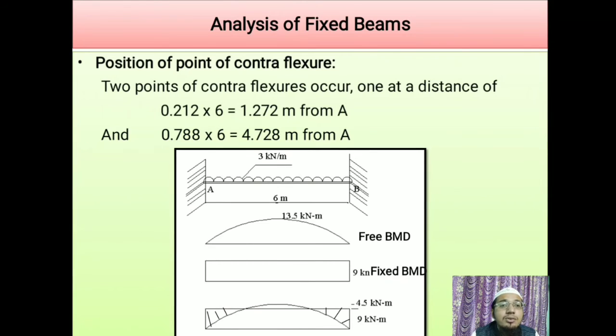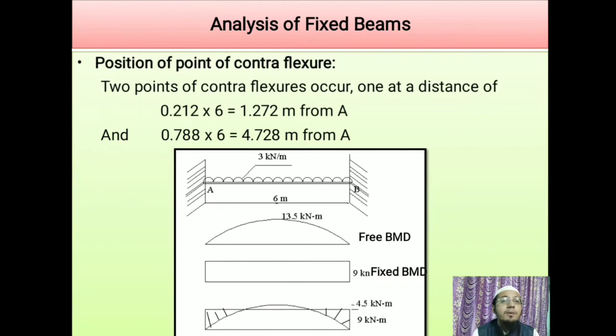So we will take moment at that section towards supports, maybe A or B. Taking moment towards A, we will get x equals 0.212 times L. L is given as 6 meter.